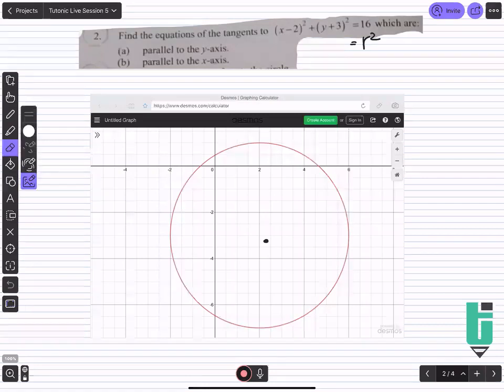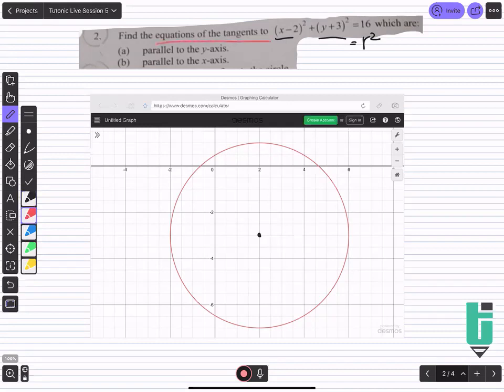It's trying to tell me that the radius is 4. Do you guys see that? Every equation in maths is trying to tell you something, and you have to understand the mechanics of the equation. That's why I say, don't just memorize the equation, understand the equation. And there's a concept video on that. So they're saying, find the equation of the tangents that are parallel to the y-axis.